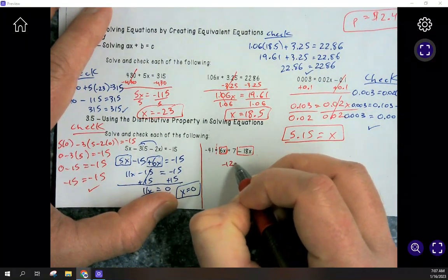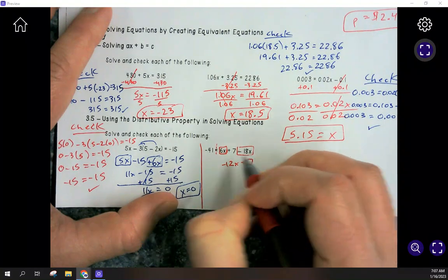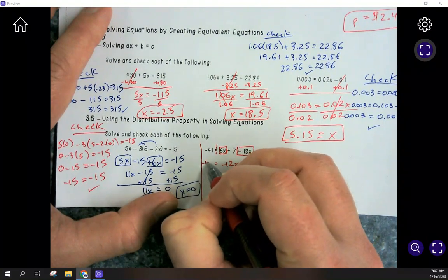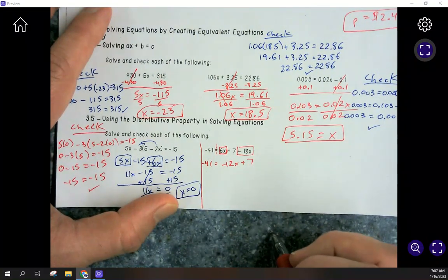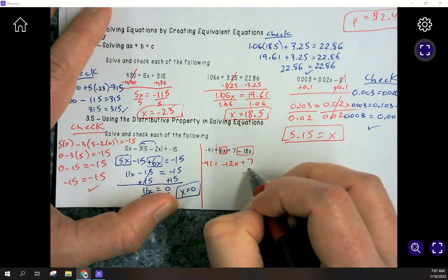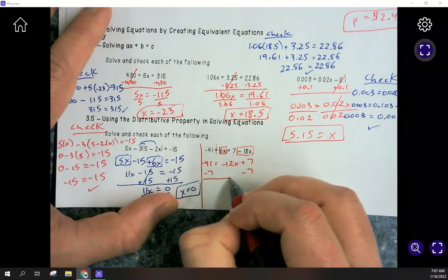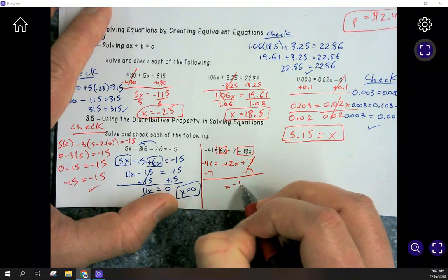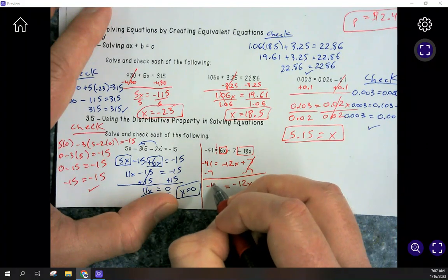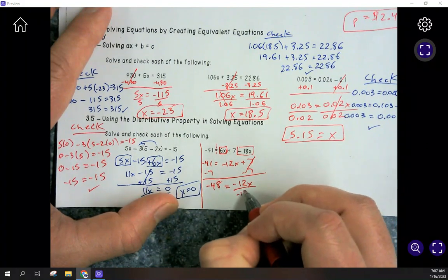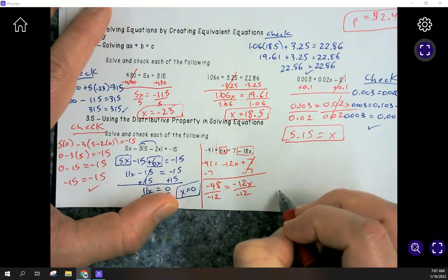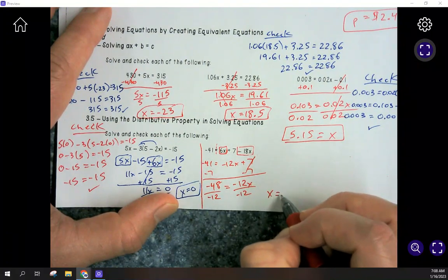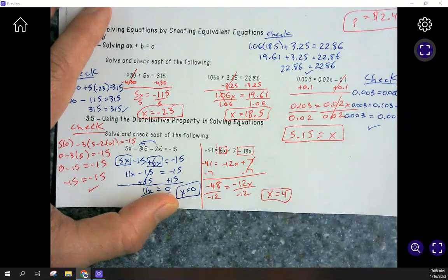That's negative 12x. I still have a plus 7. All right. Now I have to minus 7 to get rid of it because it's positive, leaving me negative 12x, negative 48. Divide. And a negative divided by a negative gives me a positive 4.